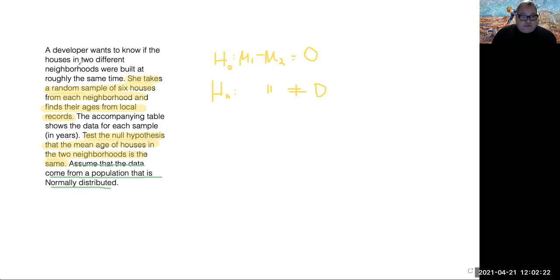These are two different neighborhoods, the data come from relatively normal populations, and the neighborhoods are treated as independent of one another, so not only are the samples independent, but also the neighborhoods.